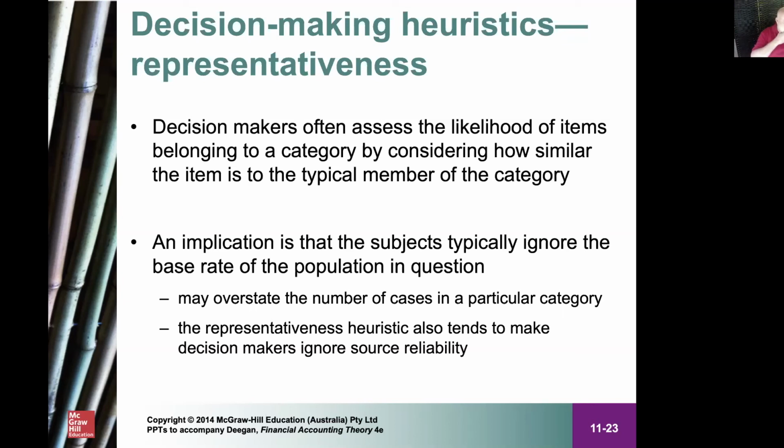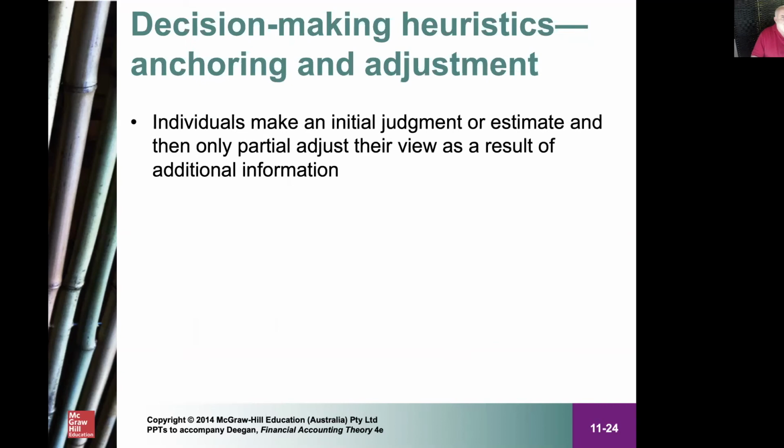Sometimes the source is unreliable. Anchoring and adjustment is really interesting. Individuals make an initial judgment or estimate, and then they only adjust their view if they've been given additional information. So if there's no information, people won't change their mind, is the belief.